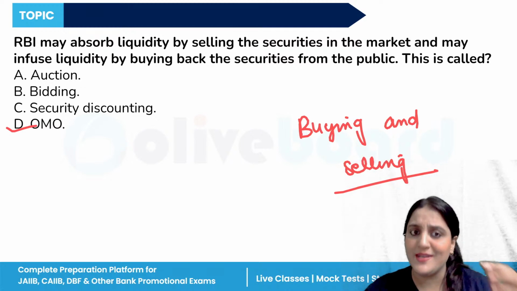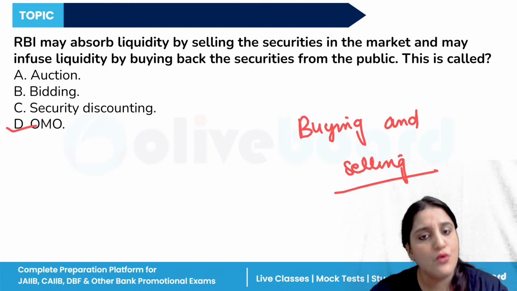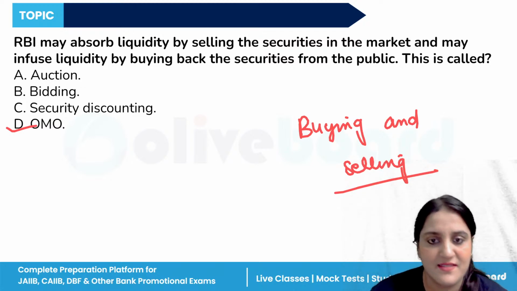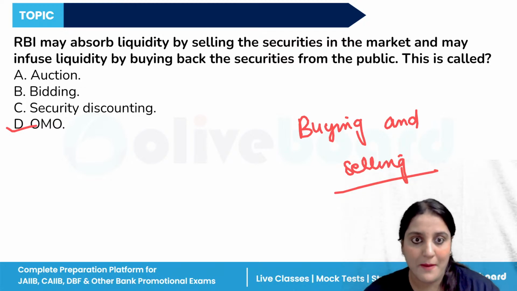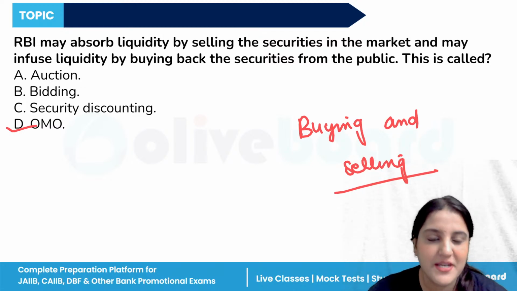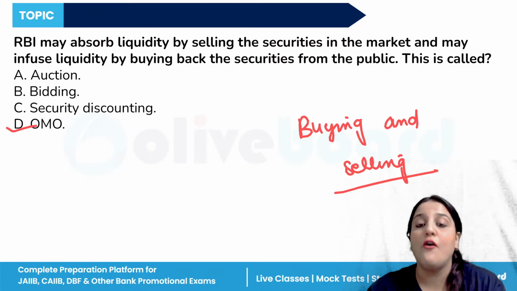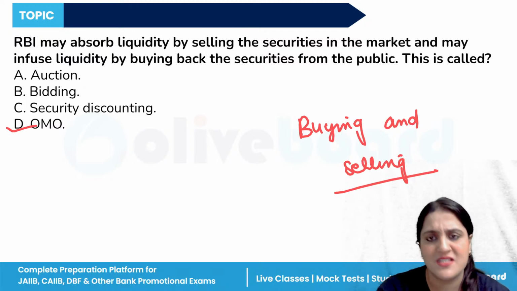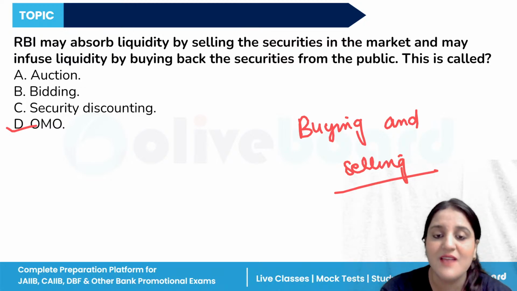If we talk about the incorrect options, first one is auction. You know that auction is when the government or RBI sells securities to the public. Bidding refers to the process of offering a price for the securities in an auction, but it is not a term used for the specific activity the question is asking.